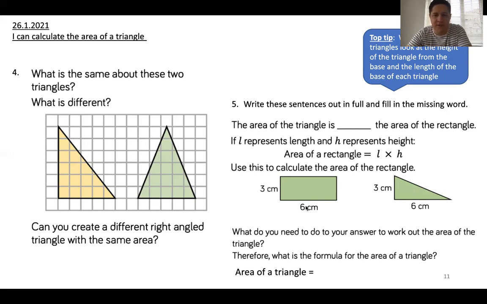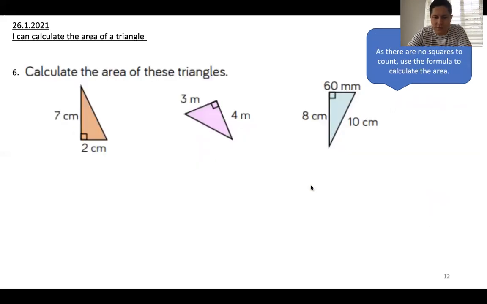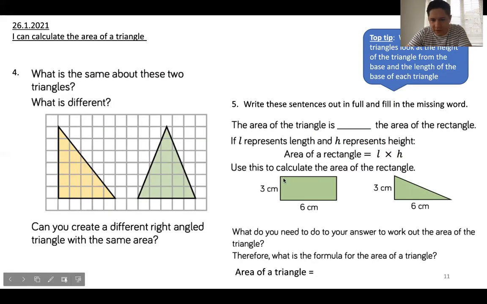For example, 3 times 6 will be 18 centimetres squared. Now I can see that this triangle is exactly half. If I was to draw a line down here, it would be exactly half.